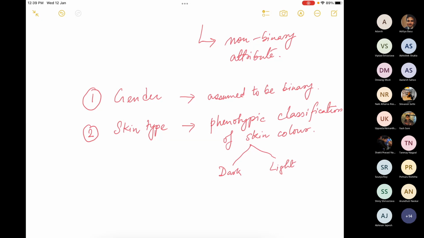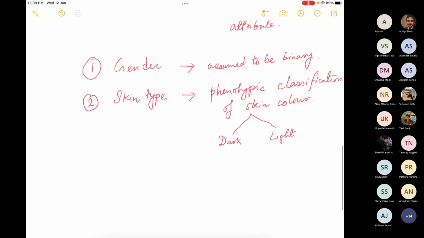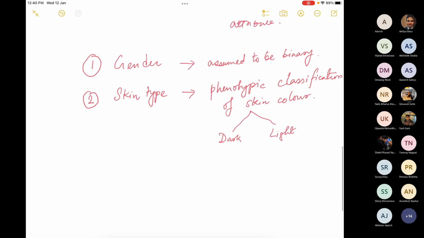We will talk in detail about that, but for the time being, assume that the phenotypic classification is broadly divided into two parts, dark and light. So we have seen the structure of gender and the structure of skin type to be used in this analysis.